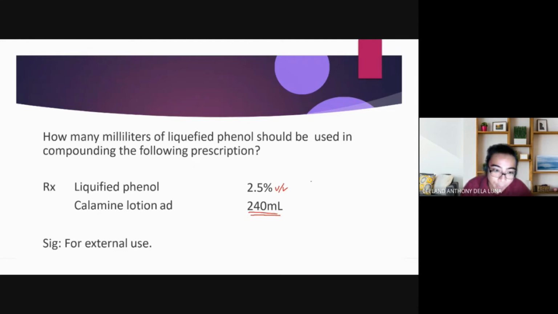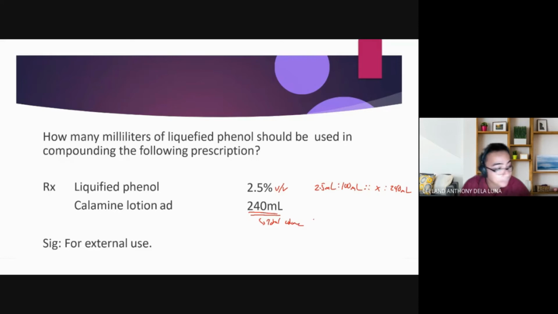So, therefore, ang gagawin ko lang dyan would be 2.5 ml of phenol in 100 ml of solution. So, therefore, how much in ml of phenol do I need to use to make 240 ml total solution? Again, this is total volume.